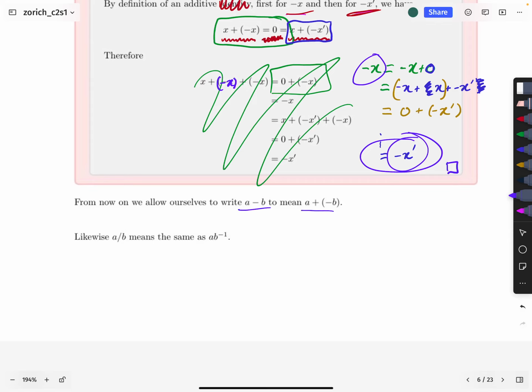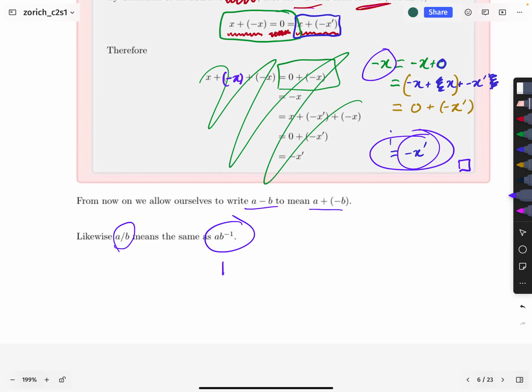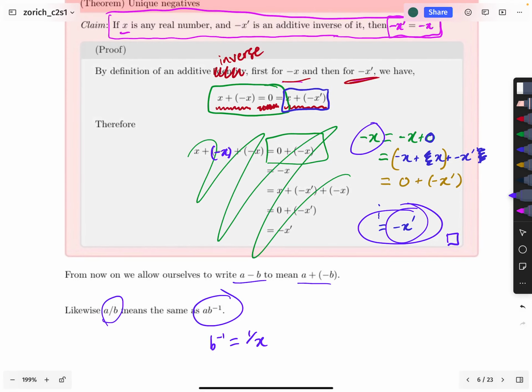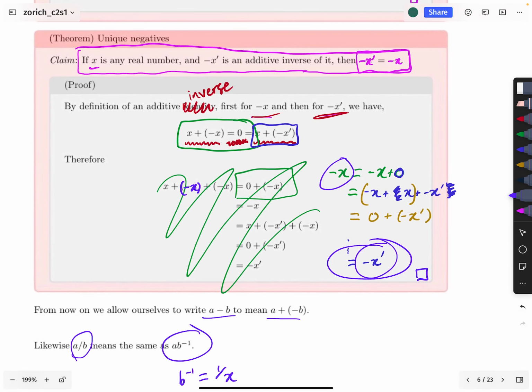And by the same token, rather than writing A B inverse like we would with our official notation about multiplicative inverses, we agree that that really just means the same thing as A over B. In particular, B inverse is the same thing as 1 over B, where A is equal to 1. Okay, anyway, that's just a little note about notation, not actually a deep or interesting point.